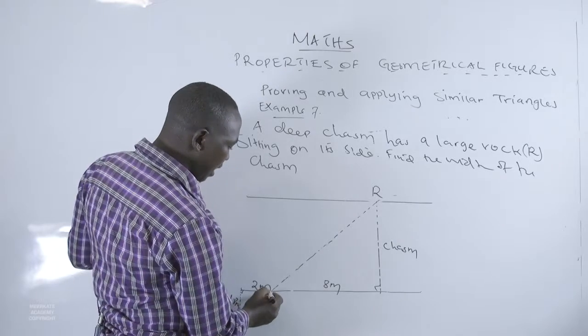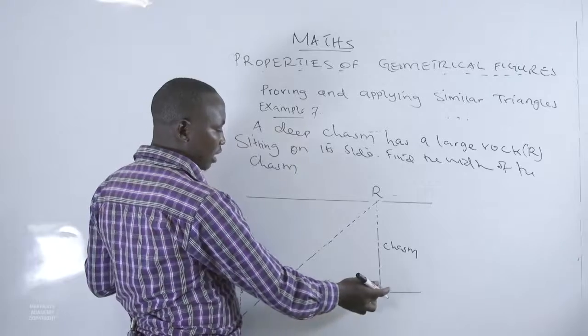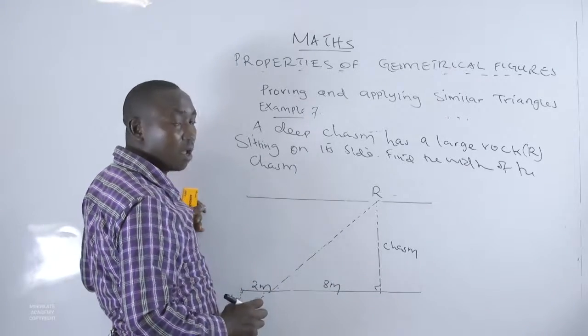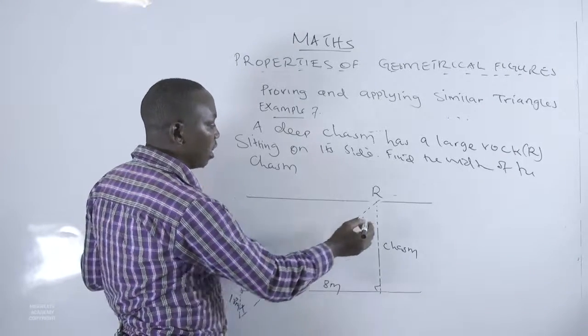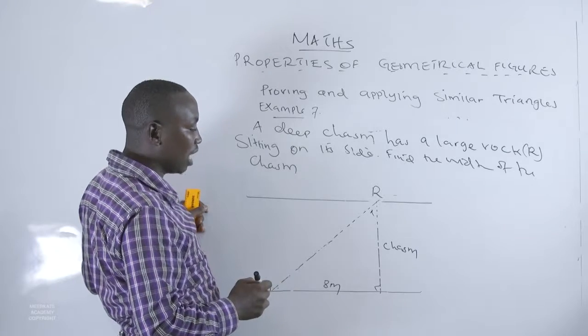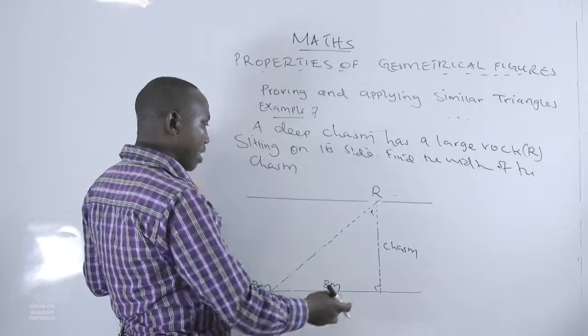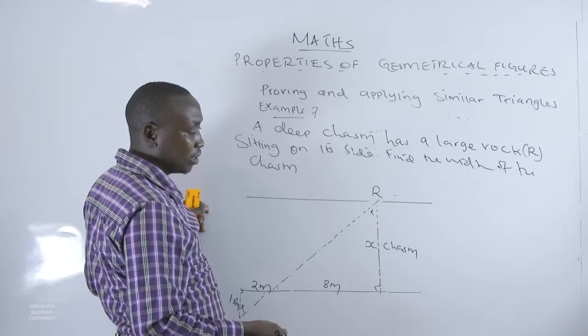So with this, again, we can see that these triangles are going to be similar, given that this is 90, this is 90. This angle and this angle are going to be equal by virtue of vertically opposite angles. And that means that this other angle is also going to be equal to that particular angle. Now, the height of the chasm we do not know, we make it to be x.